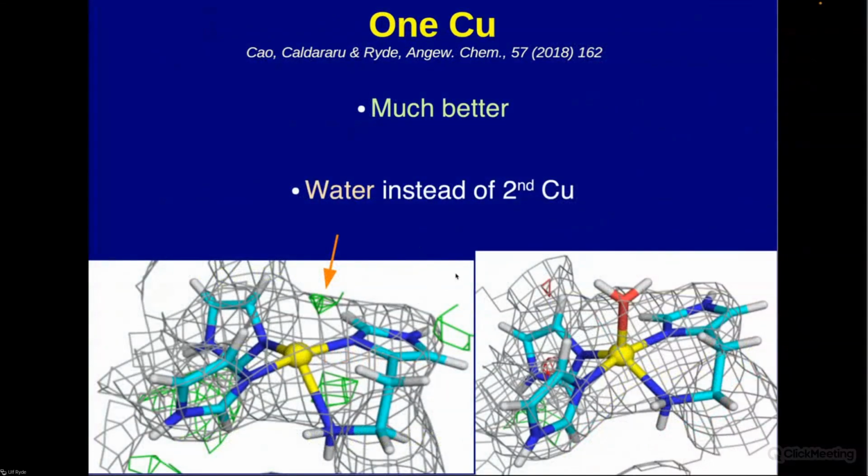And then suddenly we get something that looks like a normal copper site, an almost square planar copper site with 4 ligands, and the small positive density, which was interpreted as a second copper, we could model quite nicely with a water molecule instead. So we're quite confident that this is not a binuclear site, but a mononuclear copper site, and that was later confirmed by other experimental methods.